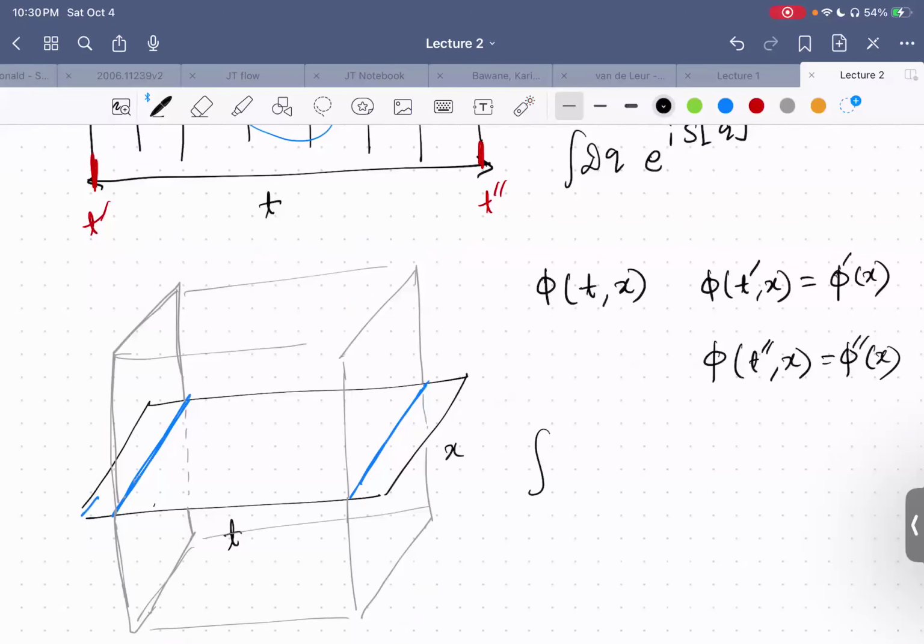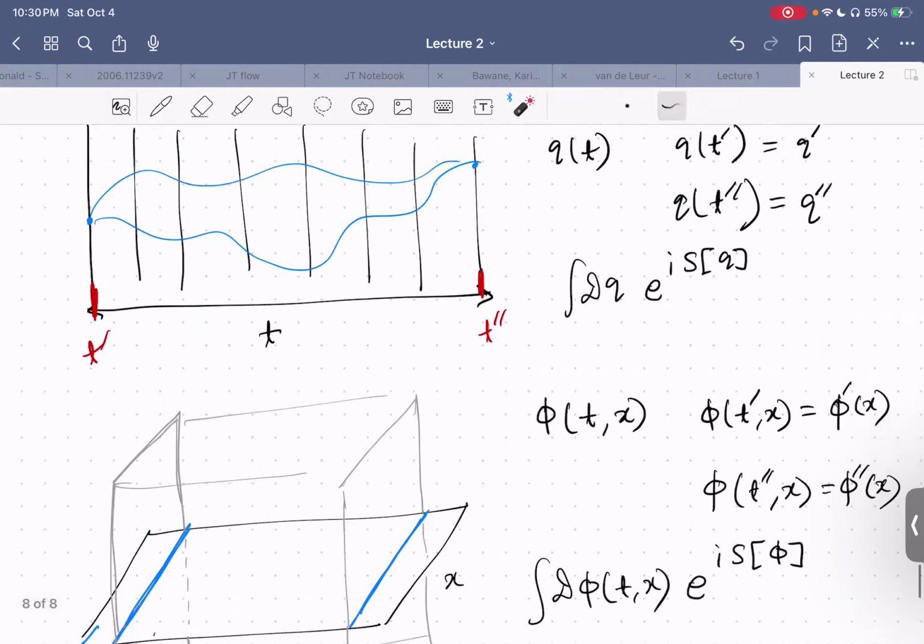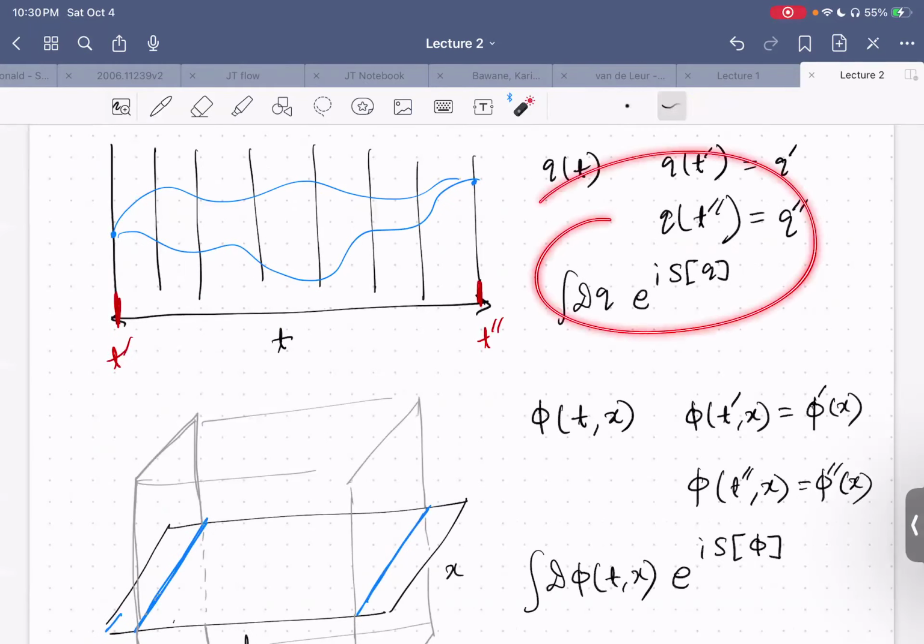We will say, do an integration over all possible functions of t and x that satisfy these boundary conditions. And for each such function, figure out some way of producing a real number, which you would call the action of phi, and put that in the exponent with i. So these two pictures are completely analogous. But is that clear?